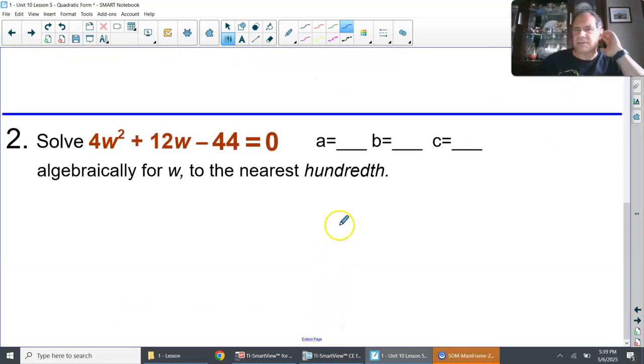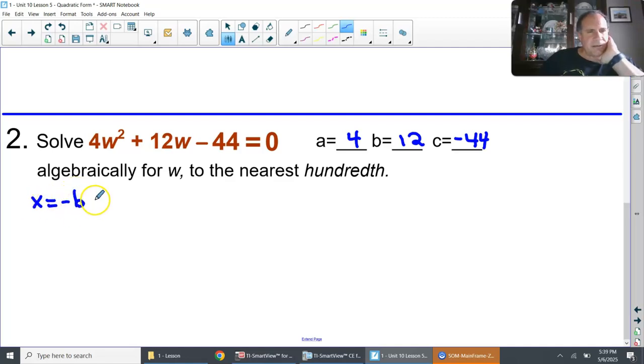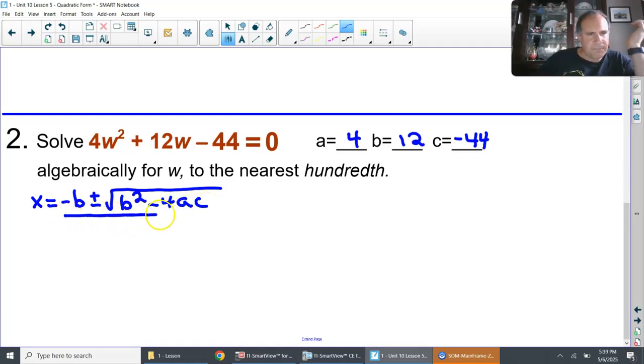It says round to the nearest hundredth. This is in standard form already, so we're going to put 4, 12, and negative 44. We are going to write down x equals negative b plus or minus square root of b squared minus 4ac all over 2a. I'm going to move this over.